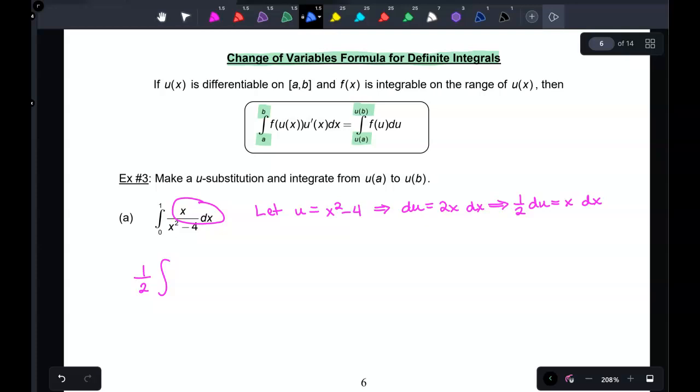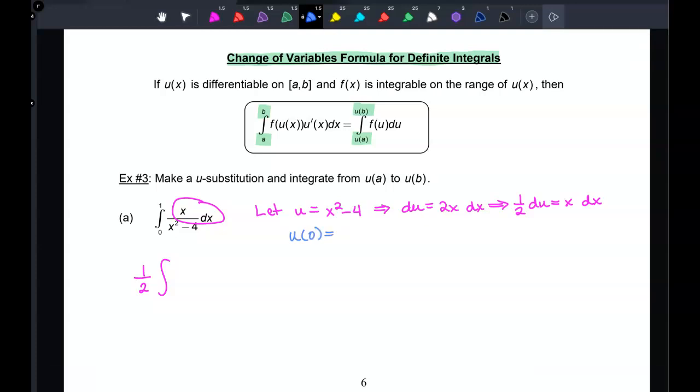So u of 0 is, I'm going to plug 0 in here. So -4. And u of 1, so plug 1 in, and that becomes -3.